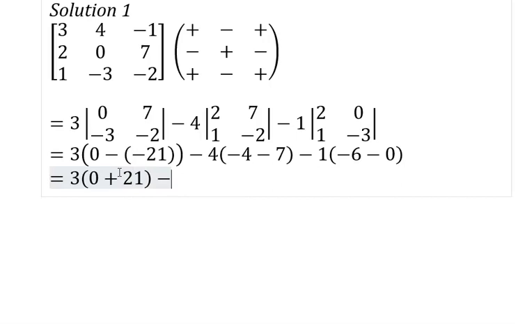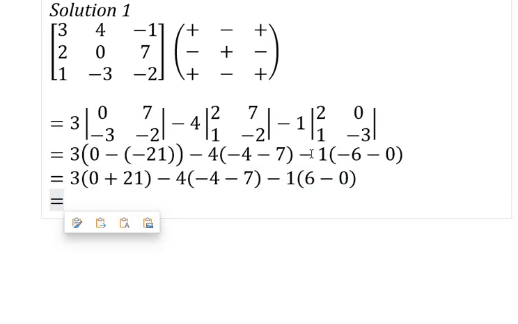Then minus 4 that we have here, this one. We have minus 4, 7 here. We have -1, and we have 6 minus 0 here. Let's see what we have.